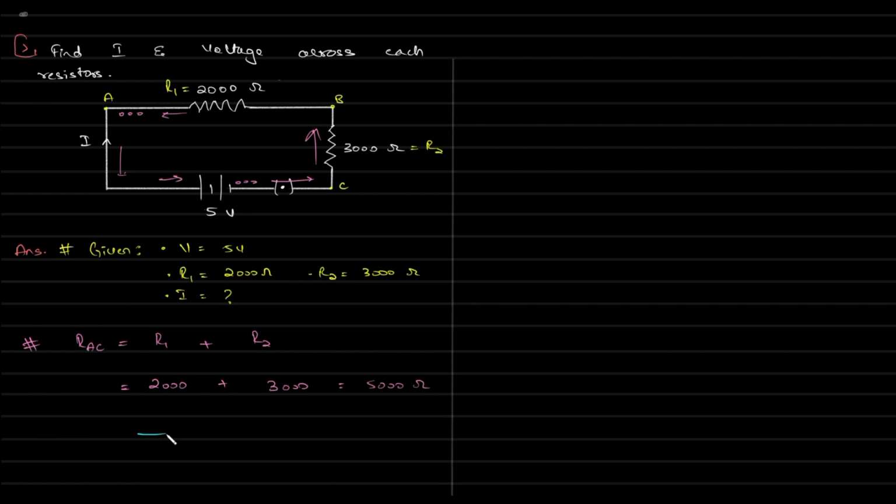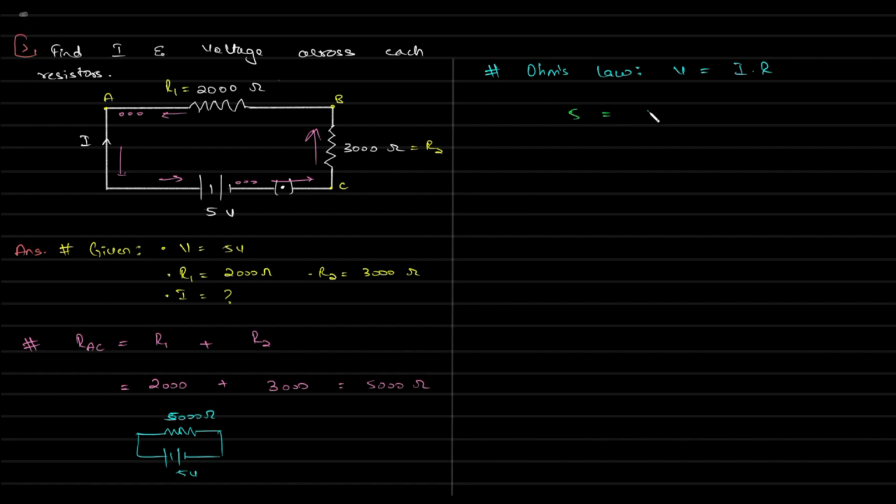So basically you have this equivalent circuit, 5 volt, this is 5000 ohm. So now finding the current is not that difficult, right? So as per Ohm's law, we have V is equal to I into R. We know V, we know R. Finding the current is not a big deal.